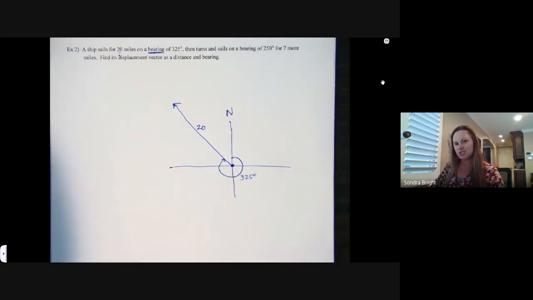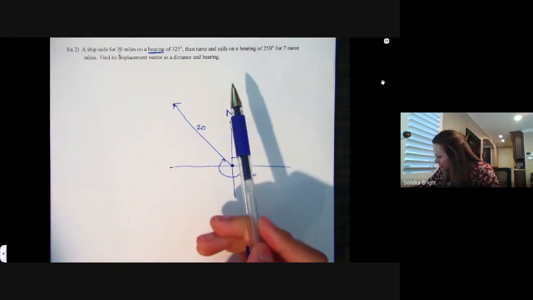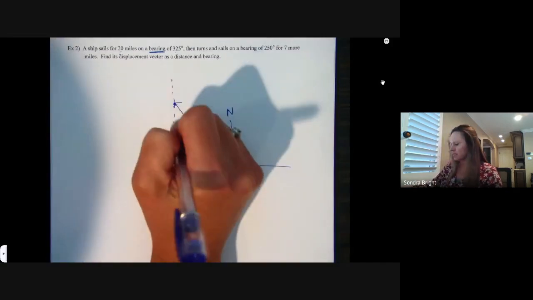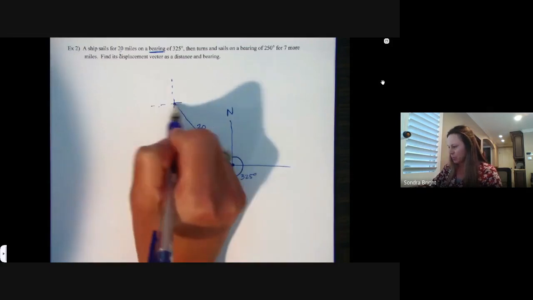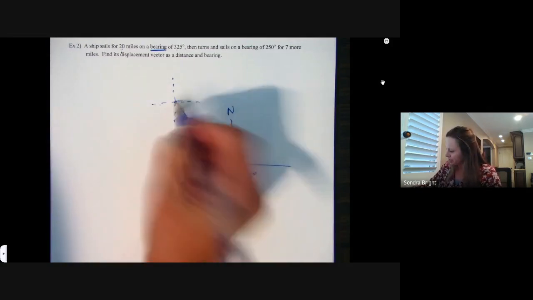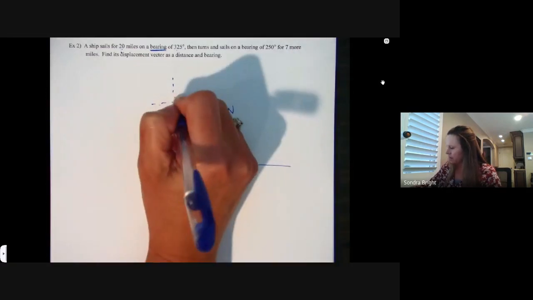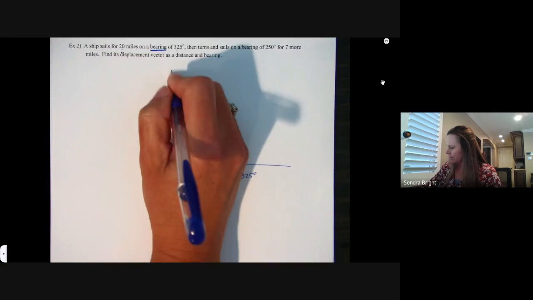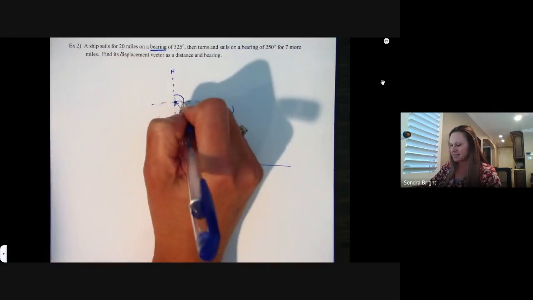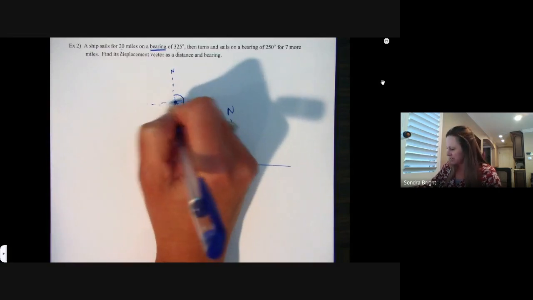Then it changes directions. So when it changes directions, you've got to draw a new north, south, east, west, because now this is your new starting point. And this time it has a bearing of 250 degrees. So from this point, starting from the north, you would go 90, 180. If you went all the way to the negative x-axis, the west part, it would be 270, but we only want 250.